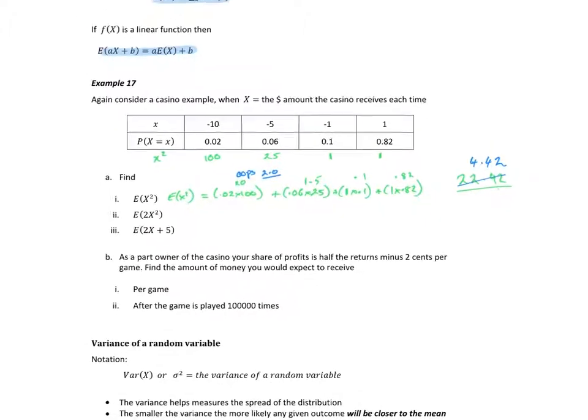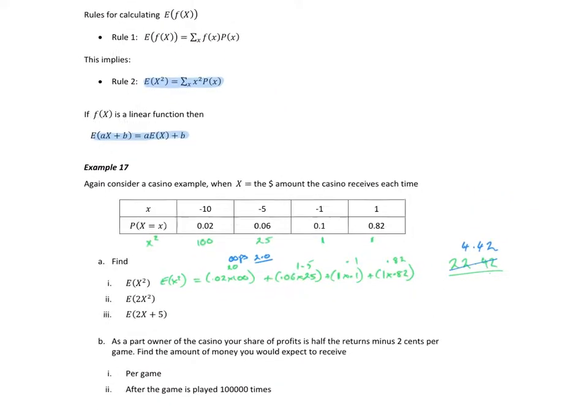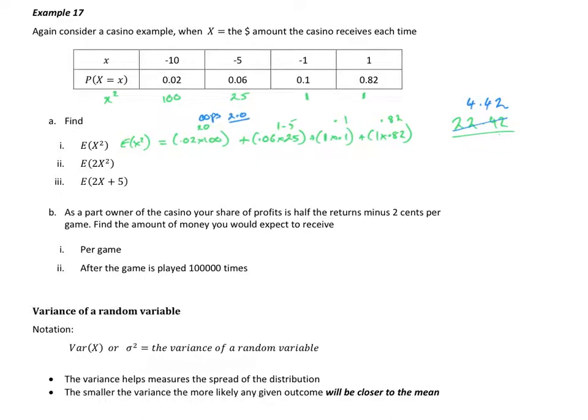So the expected value of 2x squared is equal to, well, 2 times x squared, so it's just going to be 0.02 times 2 times x squared, which is 200, plus 0.06 times 2 times x squared, which is 50, plus 2 times 0.1 plus 2 times 0.82.